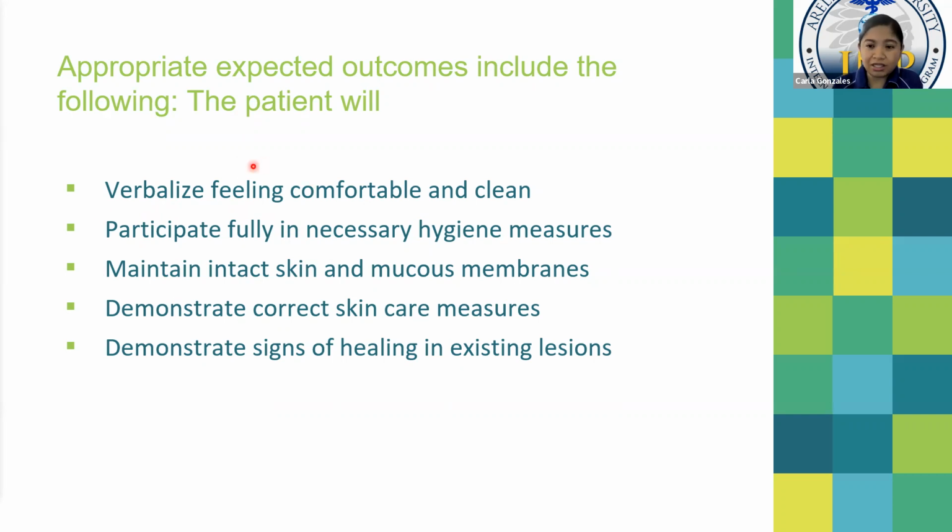If your patient is able to, for example, brush their teeth, then you let them do the action. If your patient is able at least to comb the hair, then you let them do that action. Aside from promoting independence, that could also be their activity.